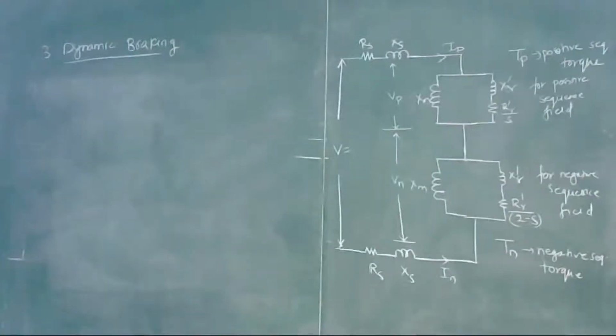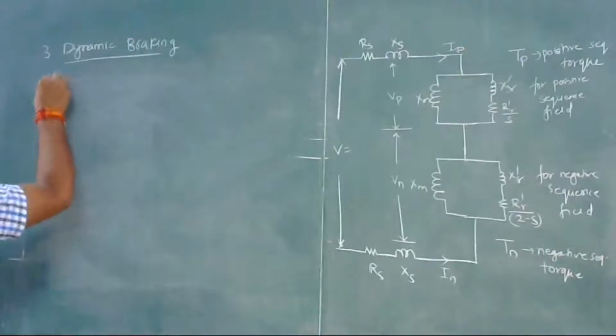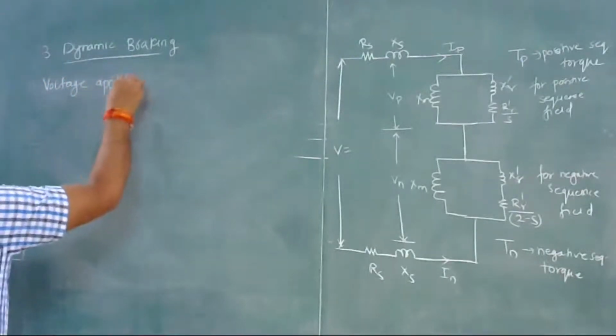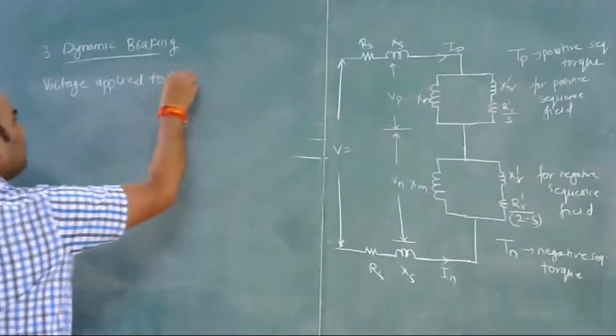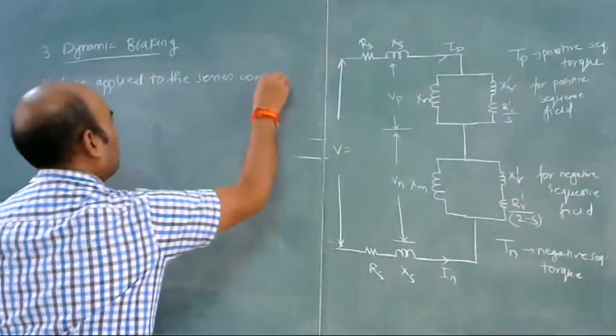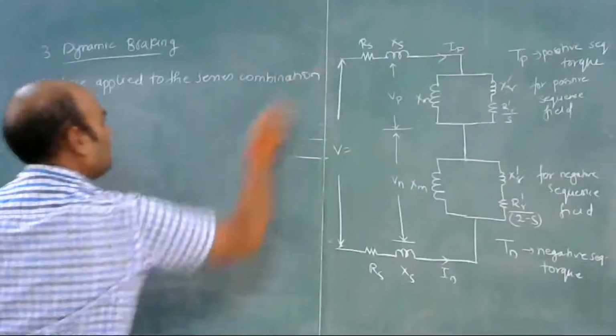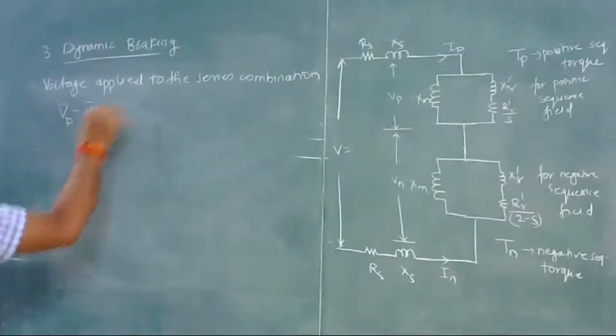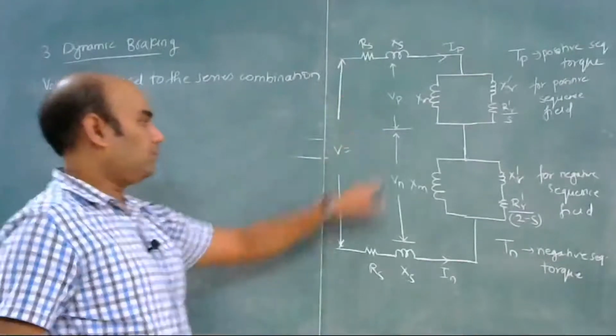The voltage applied to the series combination will be VP minus VN.